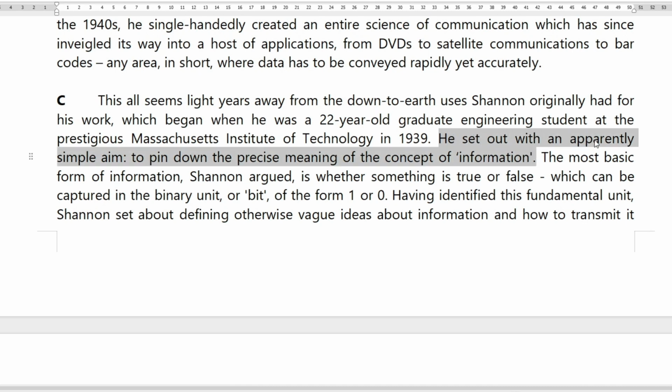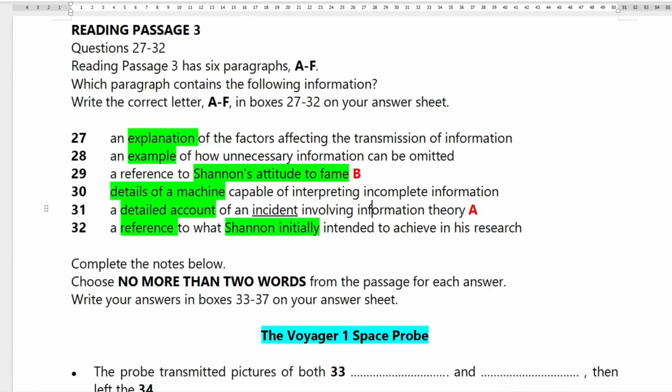Set out with is another way of saying initially. So a reference to Shannon's initial intention in his research. So I think that's paragraph C here. I'm just going to underline that and highlight C. Pay attention, we don't have an NB here usually, meaning you can use any letter more than once. So there we go.